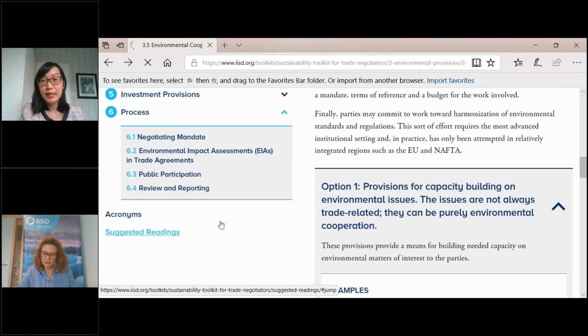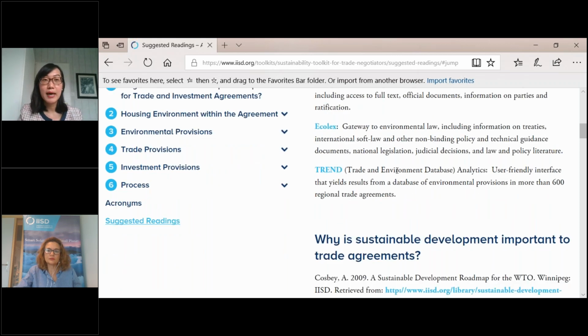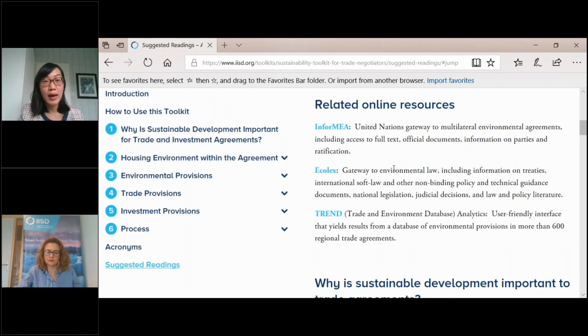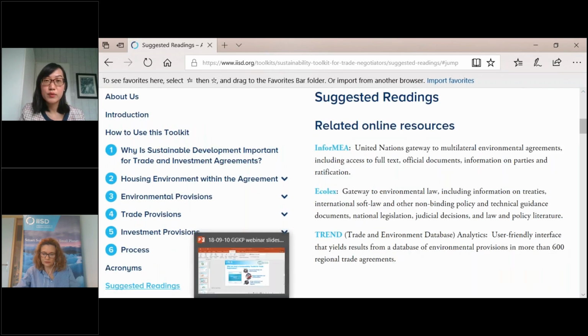Here in the suggested readings part, we have included a few extra resources, including the TREND database that has been presented earlier. But we are also working with colleagues from the ISB to update the toolkit in order to include more resources and examples.